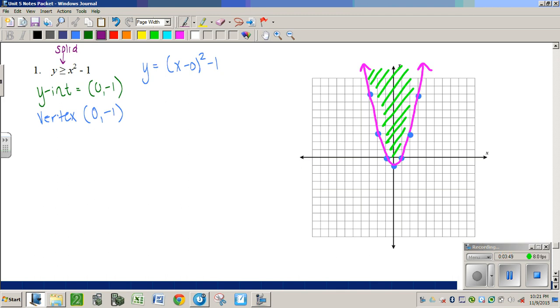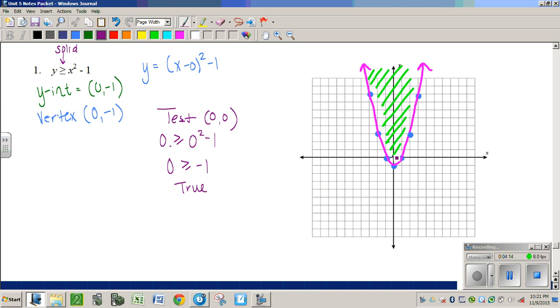So if I test a point, 0, 0 is always a good one to test. I would put in 0 for y and 0 for x. So is 0 greater than or equal to -1? Yep, sure is. It's true. And so the point 0, 0, which happens to be right in the middle there, is a solution. So I want to make sure that that is in my solution area.